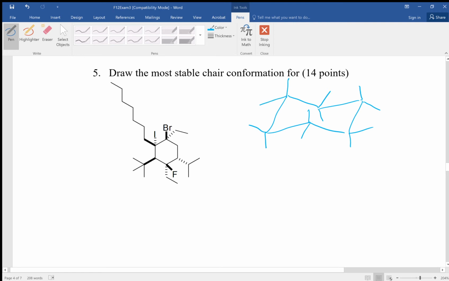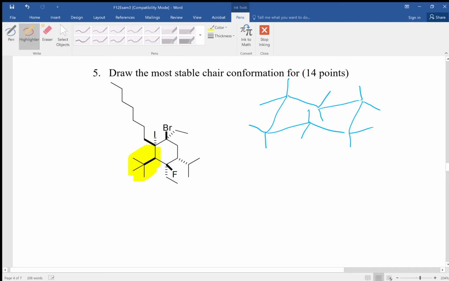And the second goal is to get the largest group possible into an equatorial conformation. Now, if we have a very large group, then that issue predominates. We want to get that largest group equatorial.